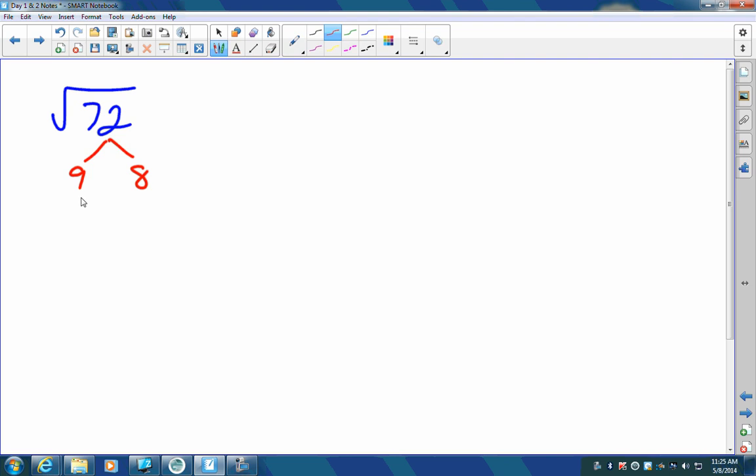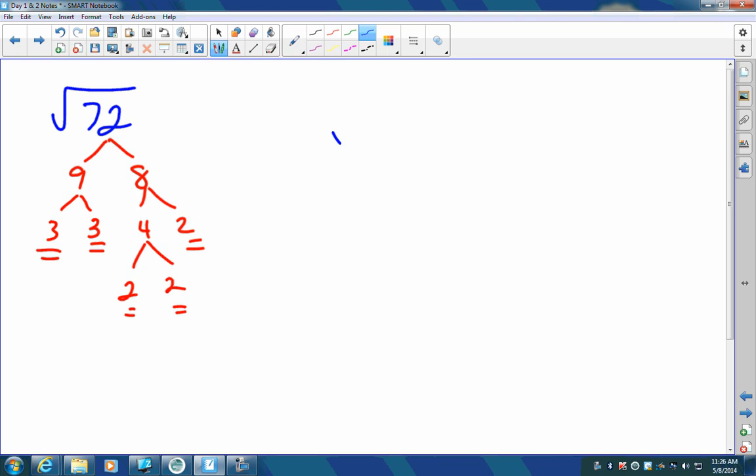Then I know 9 breaks up into 3 times 3. 3 is the lowest it can go. I kind of put lines underneath of it so I don't forget. Now 8 breaks up into 4 and 2. I can't take 2 any farther, so I put those lines underneath there. Now the 4 can break up into 2 and 2, right?